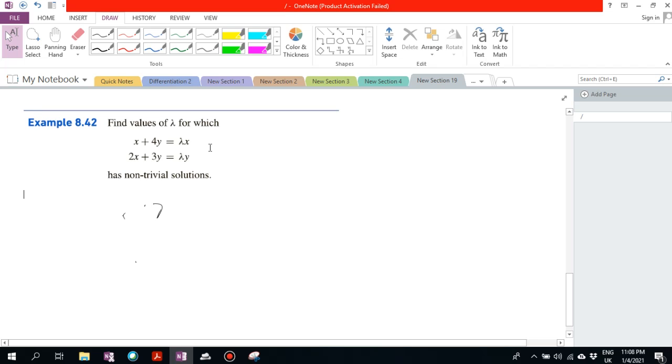Example: find the value of lambda for which x plus 4y equal to lambda x and 2x plus 3y equal to lambda y.